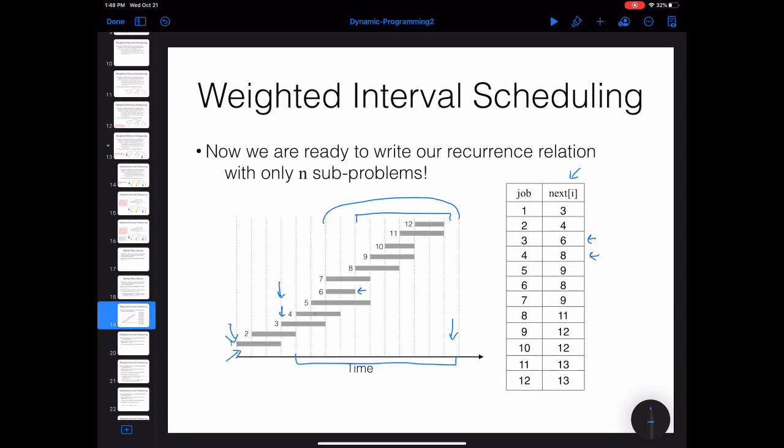For example, if I have all the jobs from 7 to n, what is going to be the optimal answer for that? I'm going to show it by opt7. If I consider all the jobs from 6 to 12, what is the optimal answer? I will save it somewhere like opt of 6.